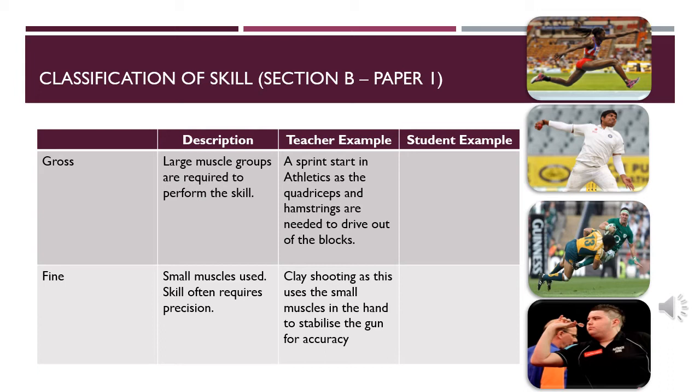You can see on the slide that it defines gross and fine skills. There are also 2 examples. Can you give your own examples for a gross and a fine skill? And the pictures on the right, could you put them along the continuum? Which of them would be gross, which of them would be fine? Can you justify your reasons?